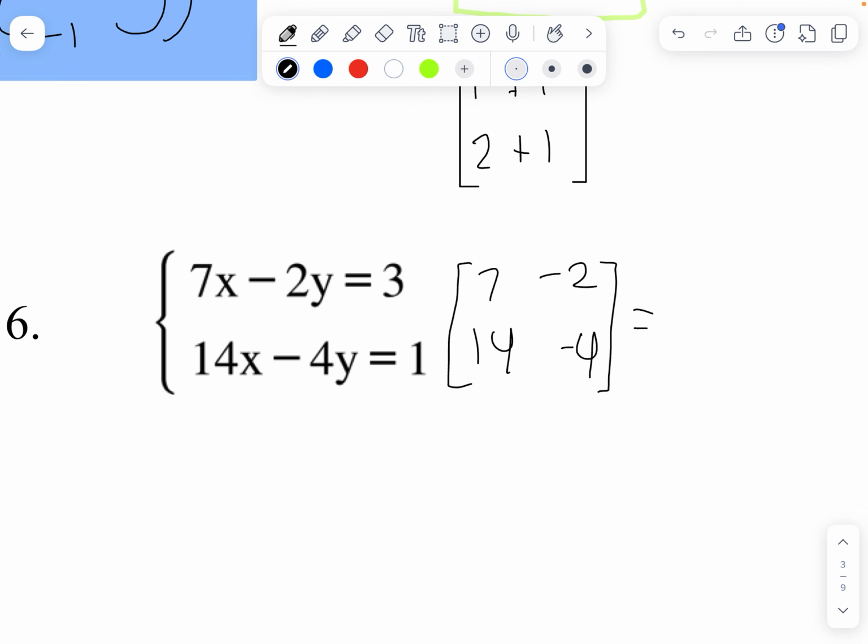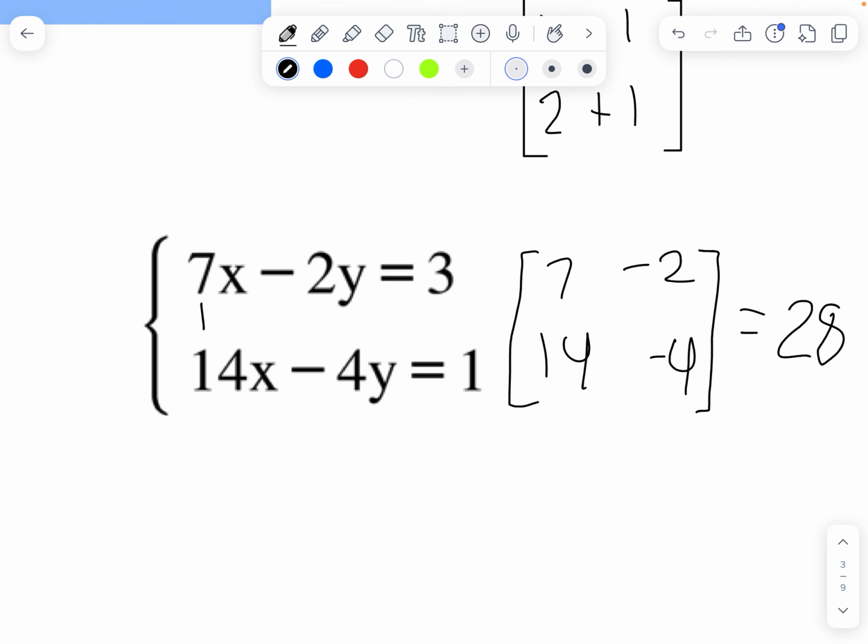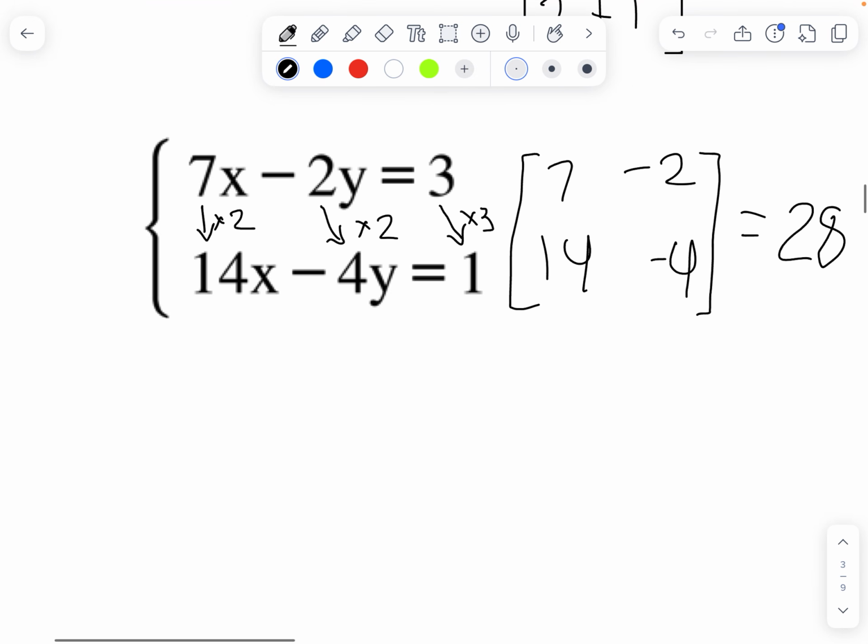We get 28. But wait, if you look at this question, the coefficients are each times 2 of each other, and the constants are also times 2, but then this is times 3. So if you were to solve this system, you would get no solution since both sides don't equal each other.